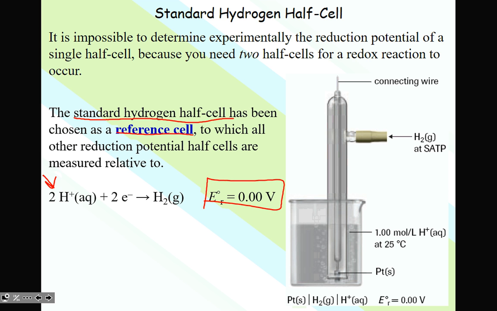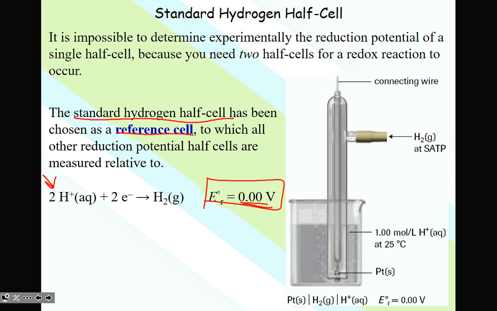If something has a higher voltage, or stronger oxidizing agents to attract those electrons, the number will be higher. If it's lower, if it's not so much of a transfer of electrons, it's kind of weak, it's going to have a negative value.